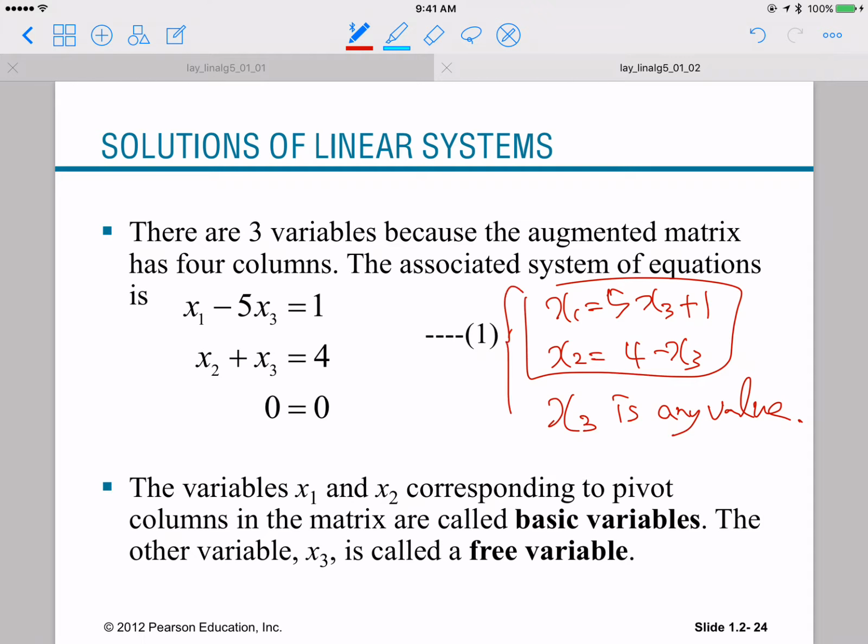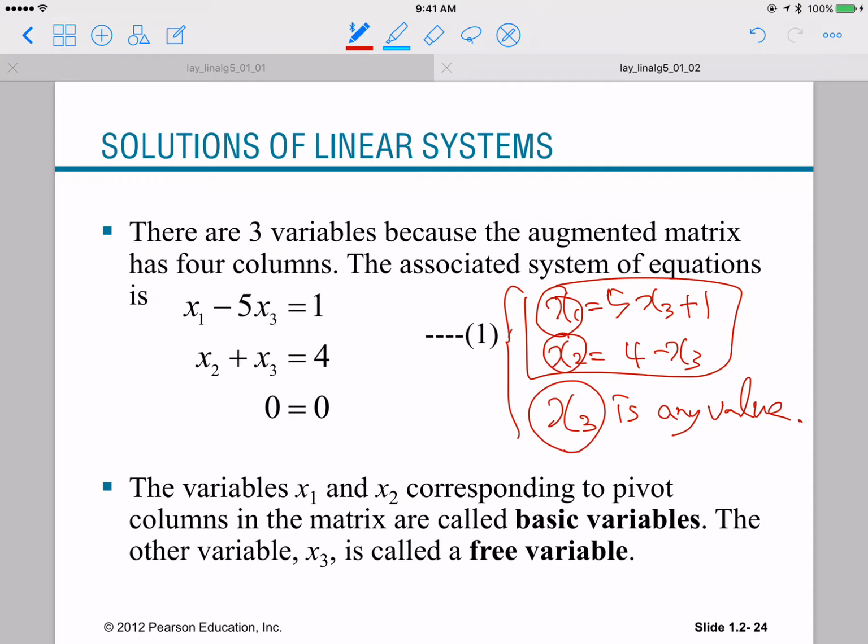So this is your solution, and in this case, this x3 value is called a free variable because it can be any value. You can freely assign any value to this variable. And then there are 2 other variables, x1 and x2, which are decided depending on your free variable.